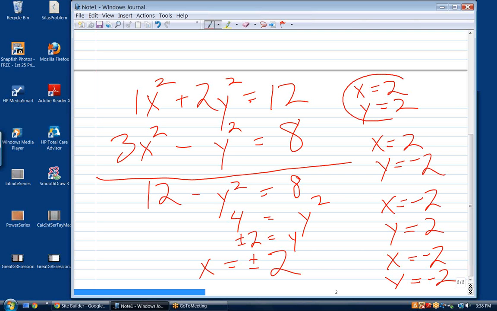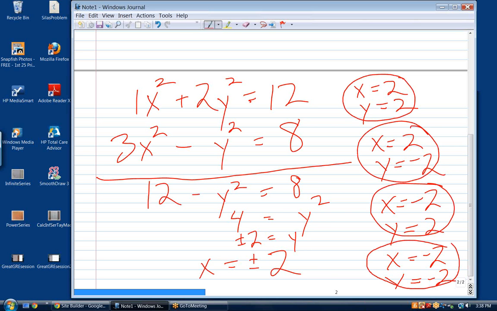So there's 4 sets of solutions, which can be summed up like this. If you just say x is plus or minus 2 and y is plus or minus 2, that should be enough to get that question right.